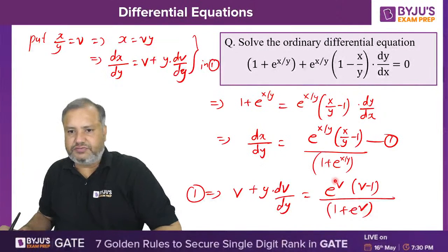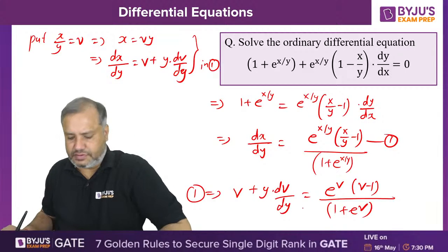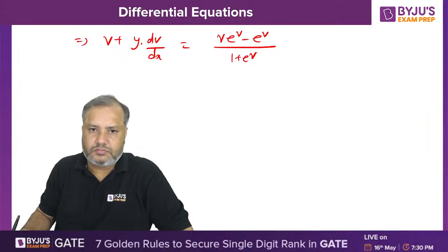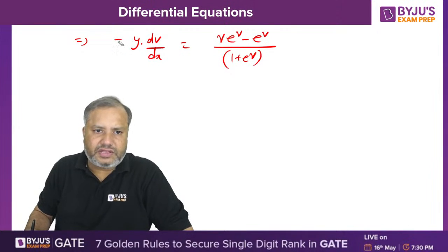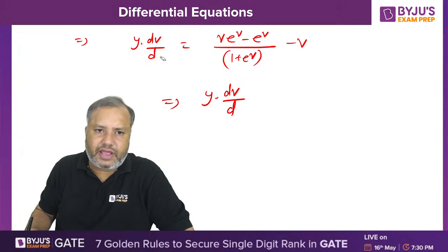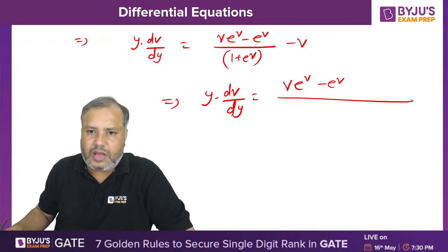See this. This is v e raised to v minus e raised to v, upon denominator 1 plus e raised to v, and bring this v to the right hand side, minus v. So y dv by dy, right hand side, v e raised to v minus e raised to v upon, see this denominator, 1 plus e raised to v is the LCM.